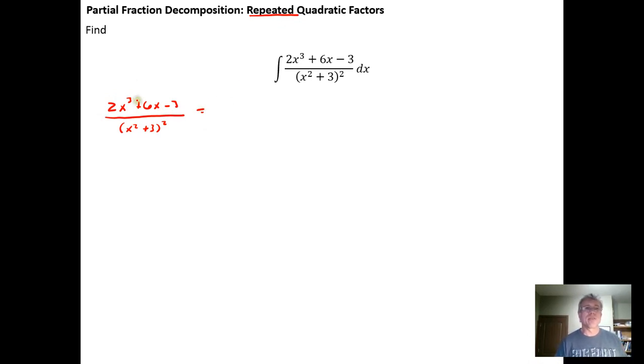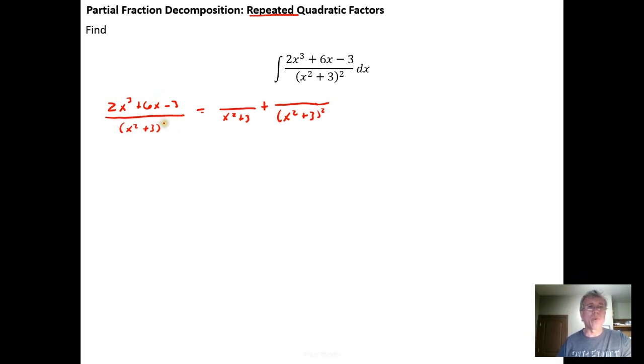So if this can be separated into the sum of two integrals, they're going to look like this. There'll be something over x squared plus 3 plus something over x squared plus 3 squared. So remember this, the squaring on here, the exponent m that you get based on video 1.